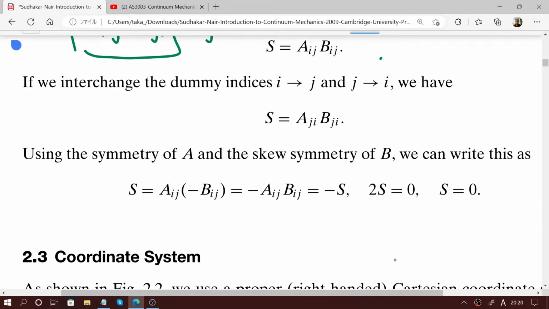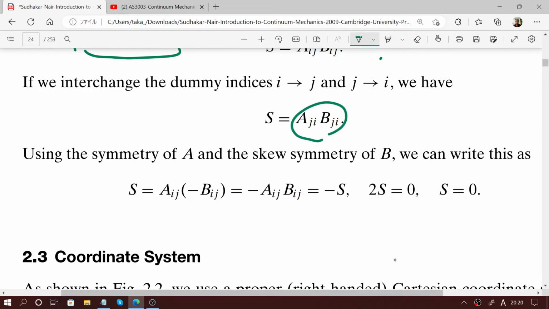For A you can change I and J; for B, if you change them you need a minus sign.